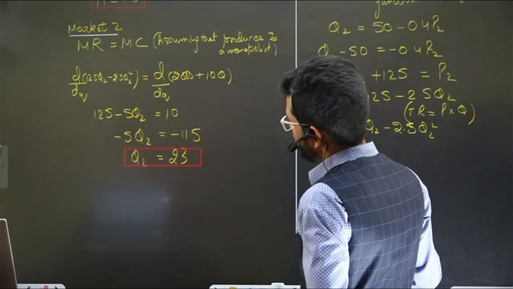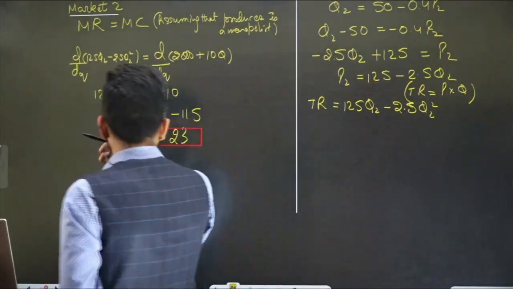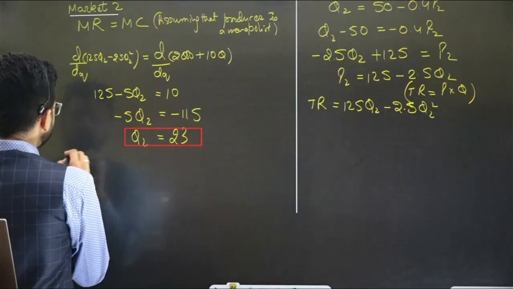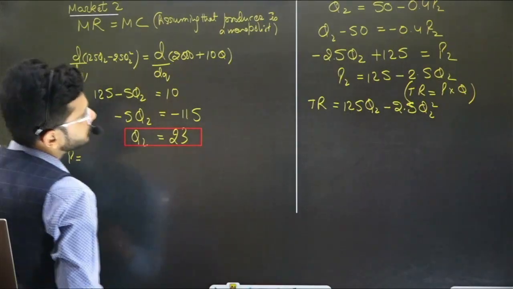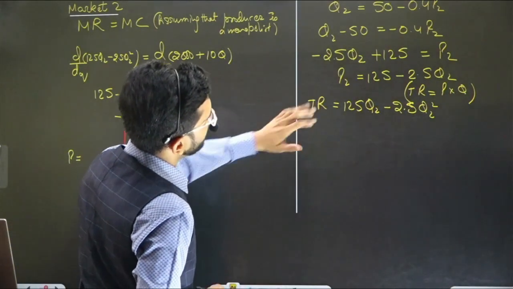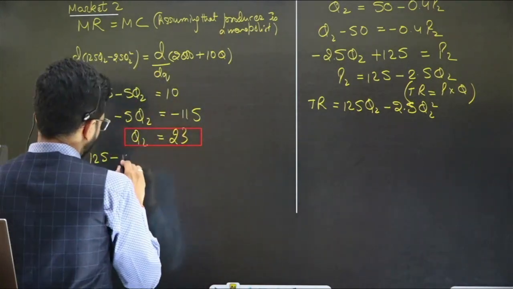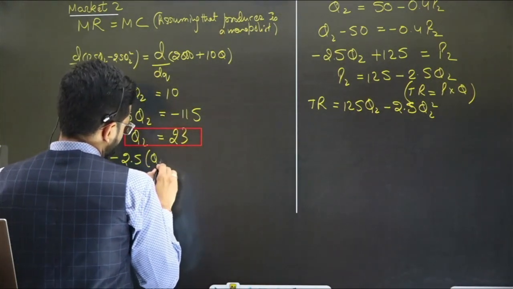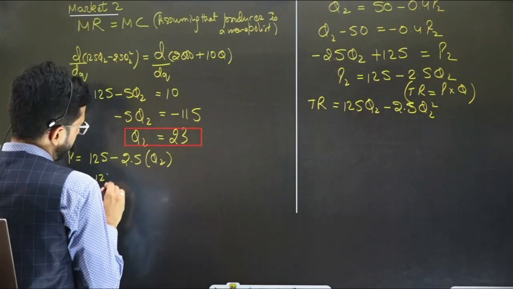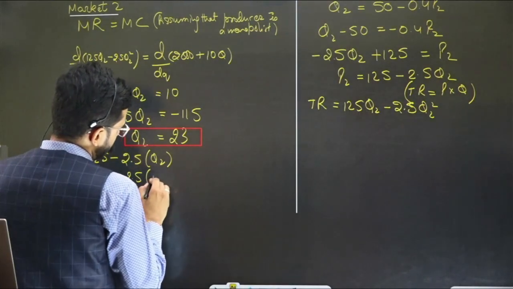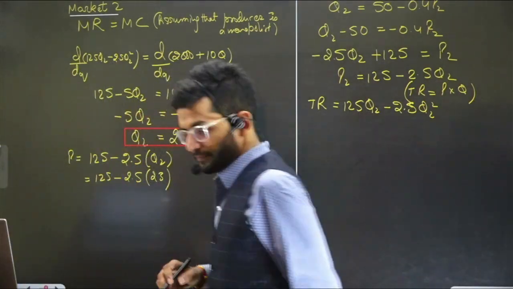Now let us compute the price of market 2. So P is equal to 125 minus 2.5 into Q2. So 125 minus 2.5 into 23.